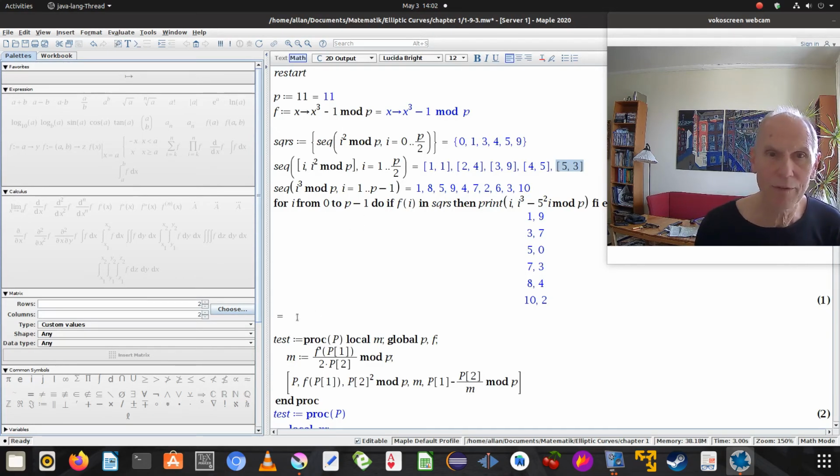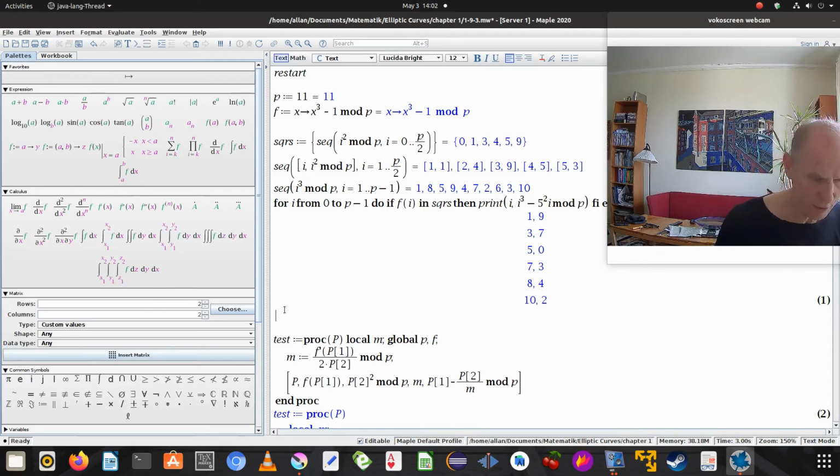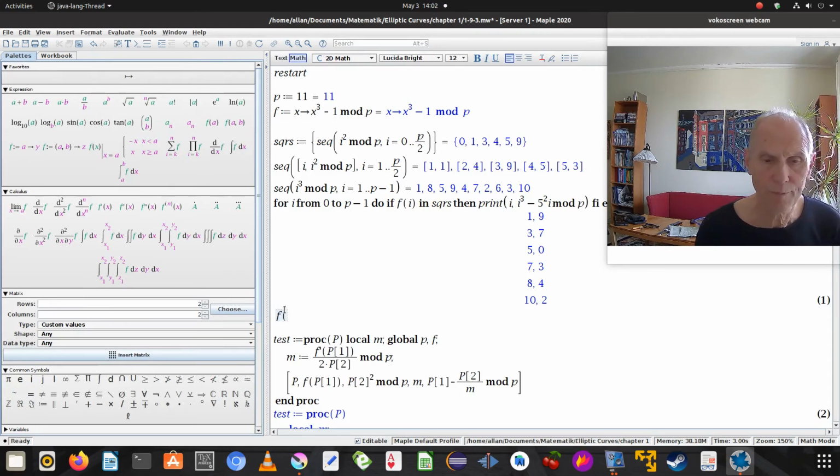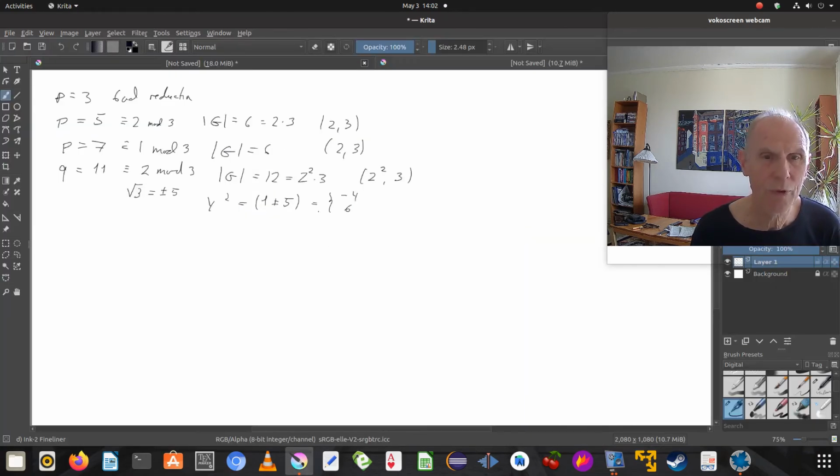I believe I've made a mistake. So we just compute f of, oh, that was the two x values.